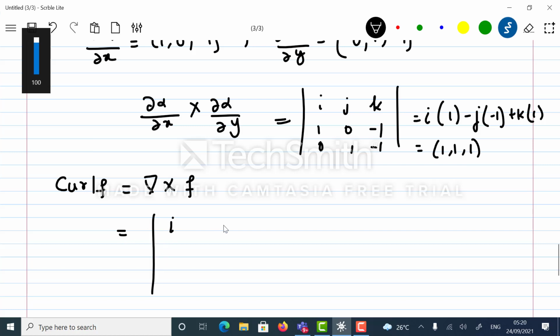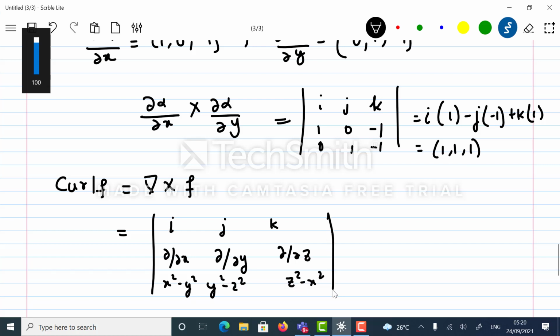So i, j, k, ∂/∂x, ∂/∂y, ∂/∂z, and here f is x square, minus y square, minus z square, minus x square. So it is the same as i times 0 minus minus 2z, minus j times minus 2x minus 0, plus k times 0 minus 2y.